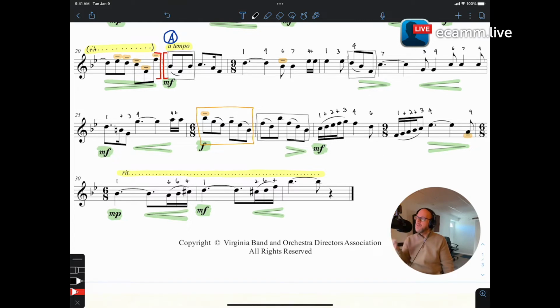The second measure is very similar, just with more sustain on the second beat. It's sustained a beat longer. If you put those together, ready, go. 1 and 2 and 3, 4, 6, 1 and 2 and 3, 4, 9, 1.